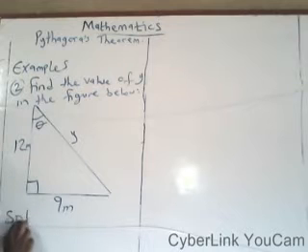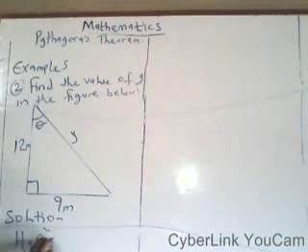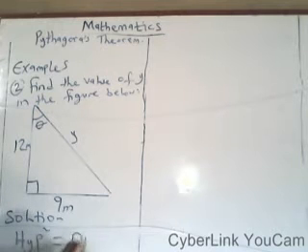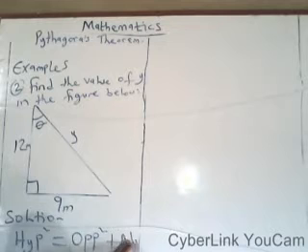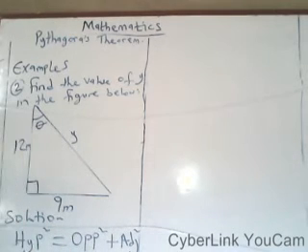And we know that hypotenuse square equals opposite square plus adjacent square, or adjacent square plus opposite square. Either of the two, you are still saying the same thing.